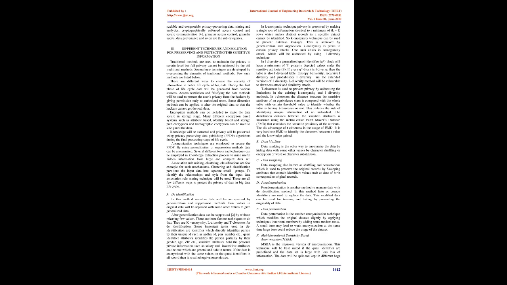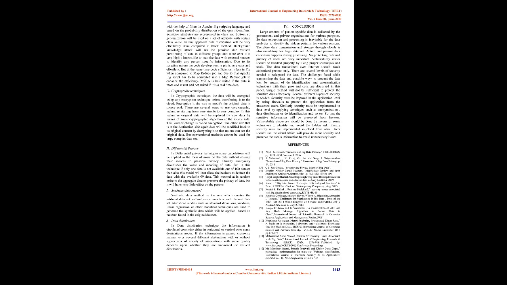Knowledge will be extracted and privacy will be preserved using privacy-preserving data publishing, PPDP, algorithms during the final processing stage of the life cycle. Anonymization techniques are employed to secure the PPDP. By using generalization or suppression methods, data can be anonymized. Several different tools and techniques can be employed in the knowledge extraction process to mine useful hidden information from large and complex data sets.